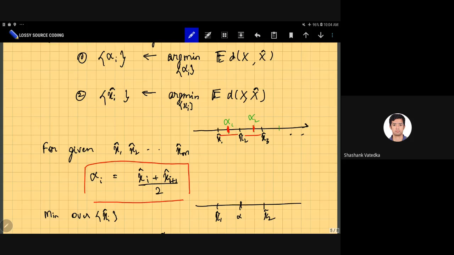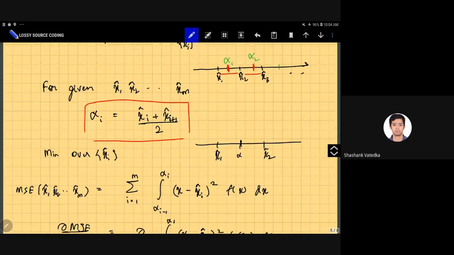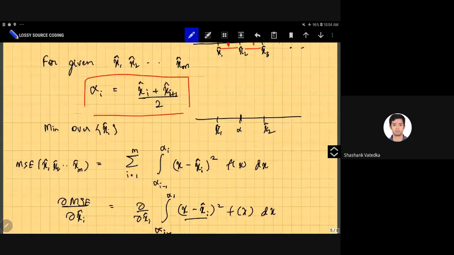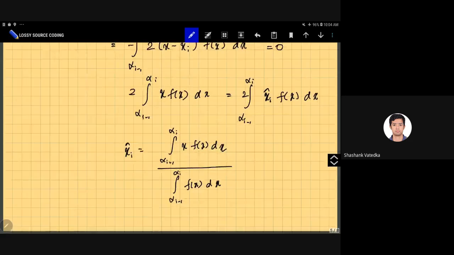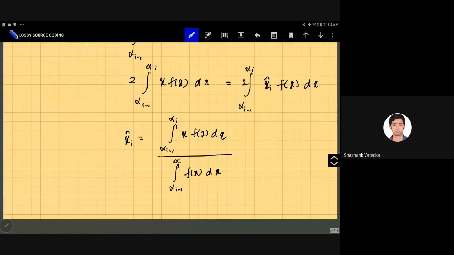So the threshold is basically the midpoint of two levels. And we obtain the levels by minimizing the mean squared error for a fixed alpha i. And we saw that the minimizing xi hat is given by this particular formula.